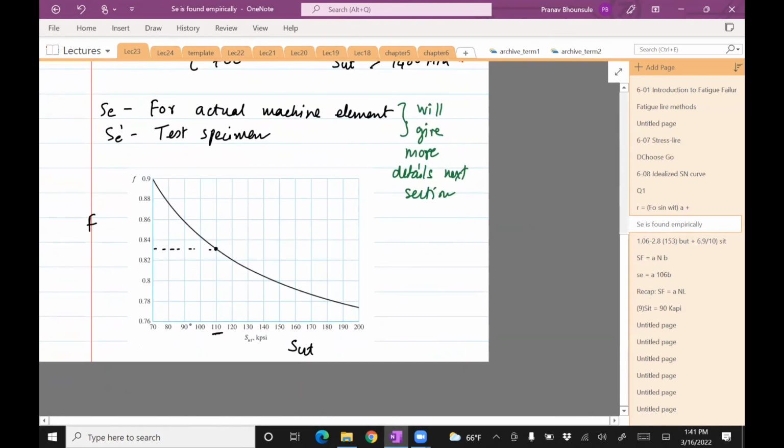We read it off here. This should be our F. It looks like it's between 8.5 and 8.6.